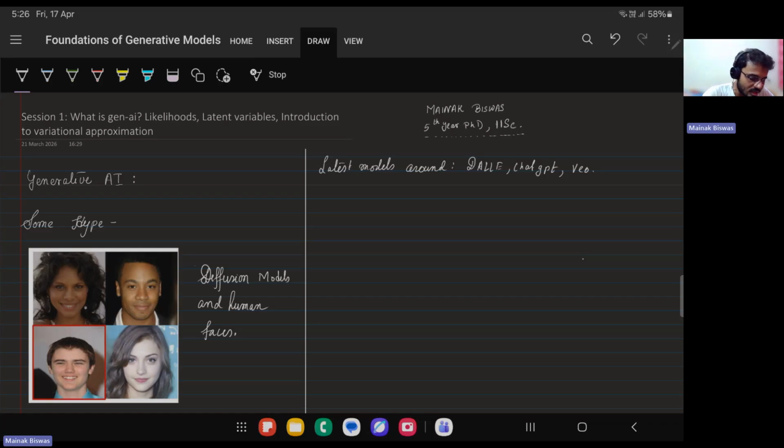They do a lot of tasks, including image generation, chatbots, and video generation or audio-visual generation. The entire idea is that the world around us is revolving around what is called generative AI, which is able to create new or novel information.